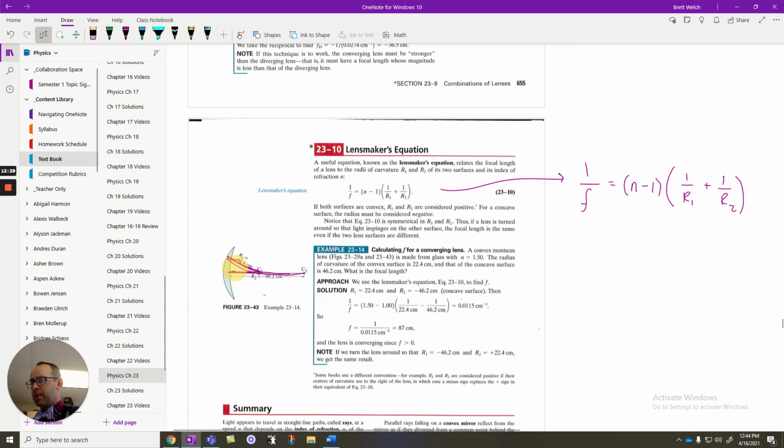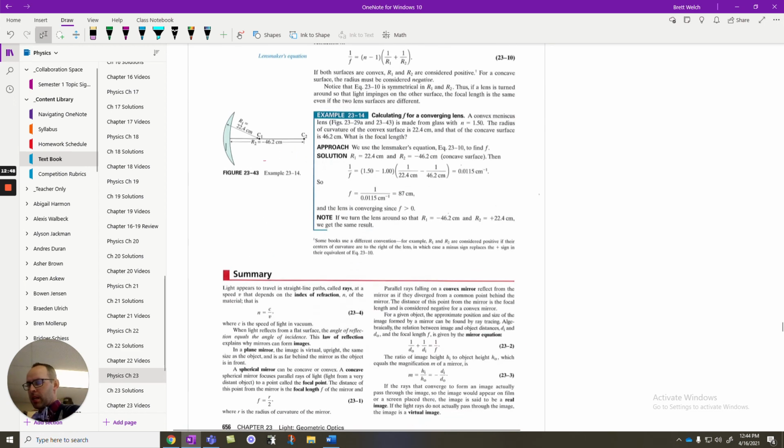But then we're able to build any lens that we want to any specs so that we can create the correct focal length. And with every person's eye being slightly different, if I need a specific focal length for my corrective lenses to help with my eyes, I need to know what the curvature on the front and the back should be.